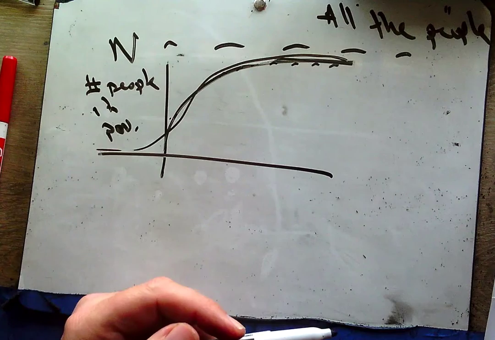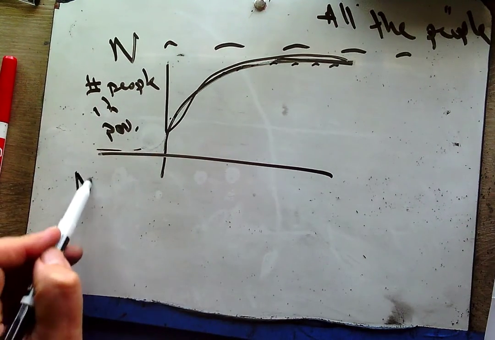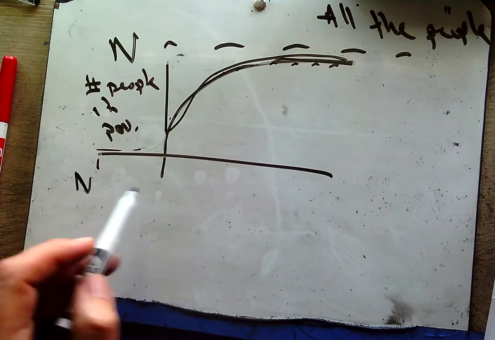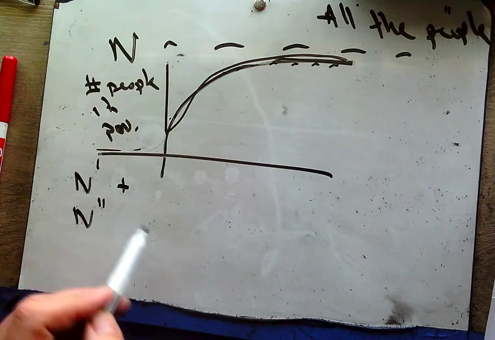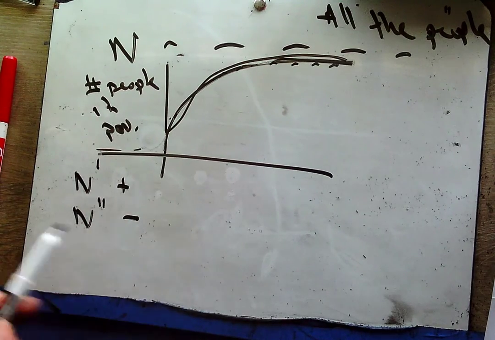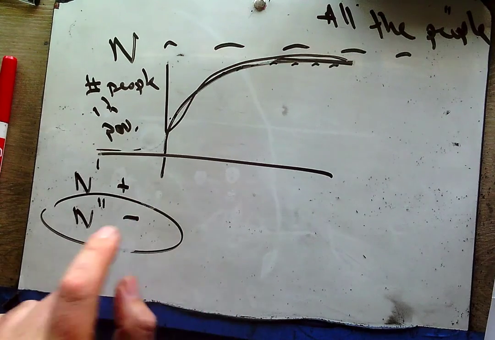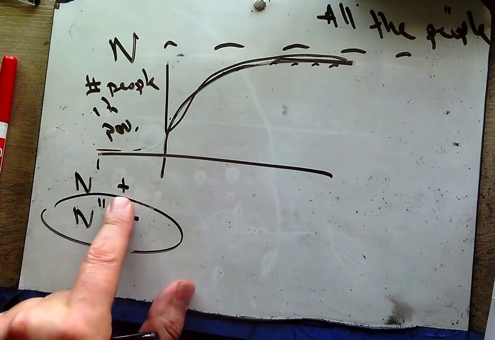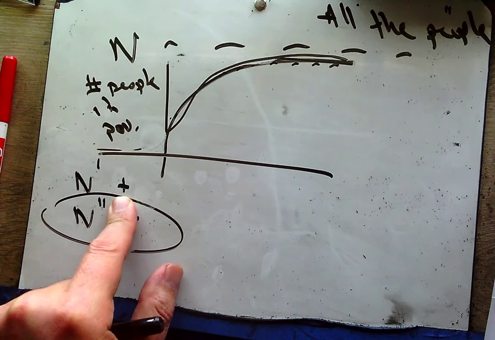So what can I say about the signs of the first and second derivative? Well, I can say that n prime would be positive and n double prime would be negative. This is the part about slowing the rate. This is telling me that more and more people are going into poverty.